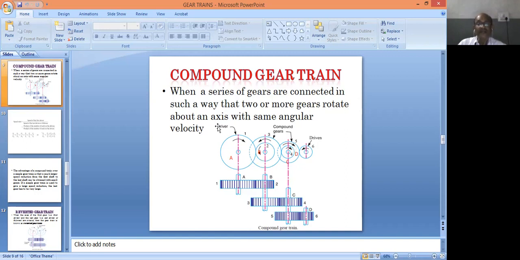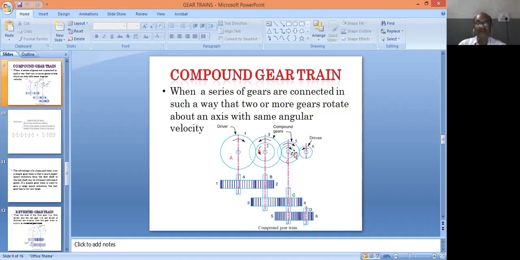What is the definition of the compound gear train? When a series of gears are connected in such a way that 2 or more gears rotate about an axis with the same angular velocity. For example, if the shaft rotates at a particular angular velocity, gears 2 and 3 are mounted on the same shaft, so gears 2 and 3 rotate with the same angular velocity.